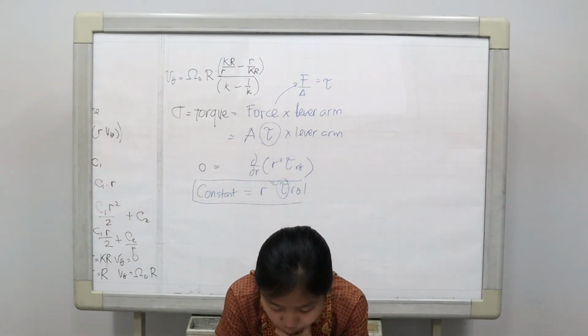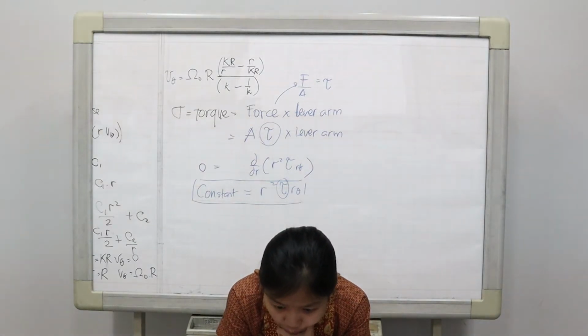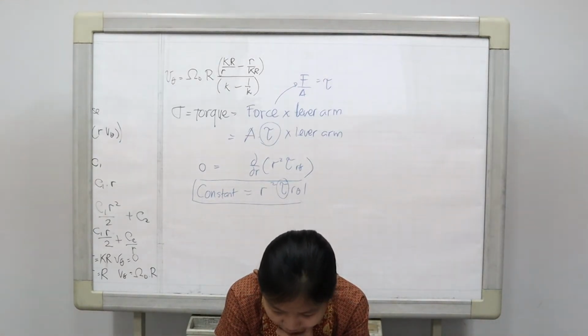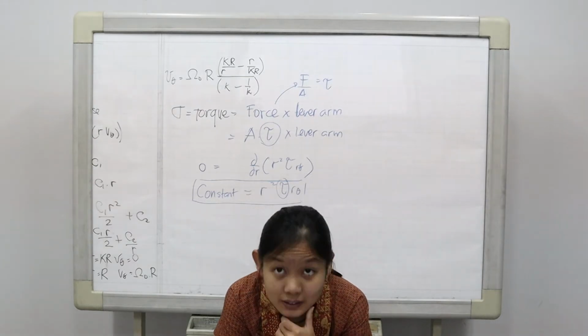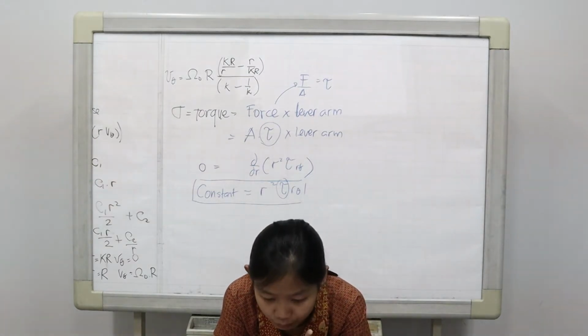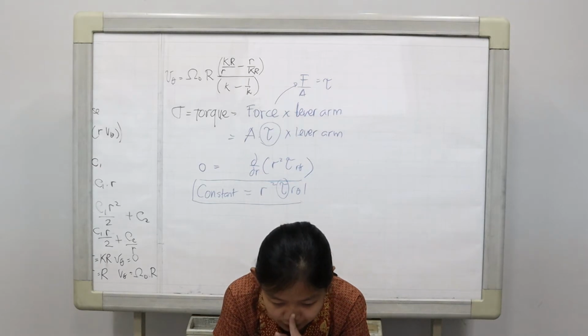Tau r theta is equal to minus mu r dou over dou r of phi theta over r, plus 1 over r dou phi r over dou theta. The last term, dou phi r over dou theta, is 0, because we don't have phi r.